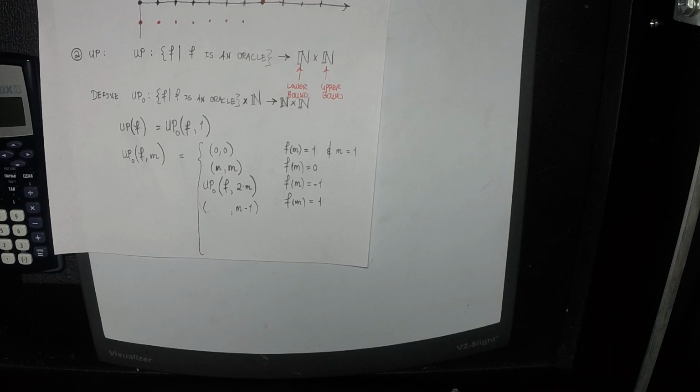One more than the previous guess. So m over 2, but that's not quite right. Is it f plus 1? It won't be f. F is a person. You can't add 1 to a person. I'm not sure what that would even mean.